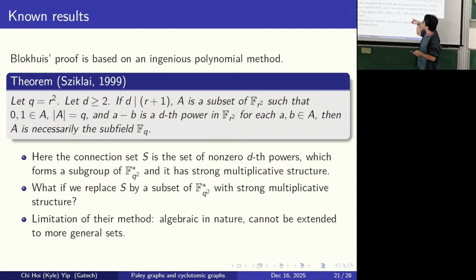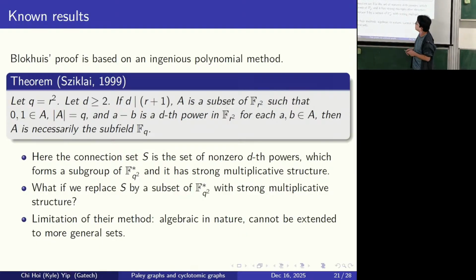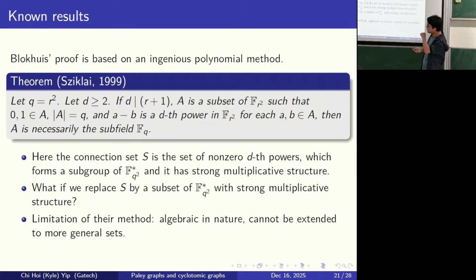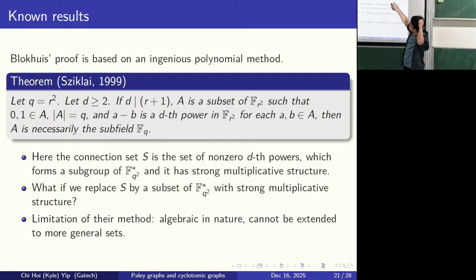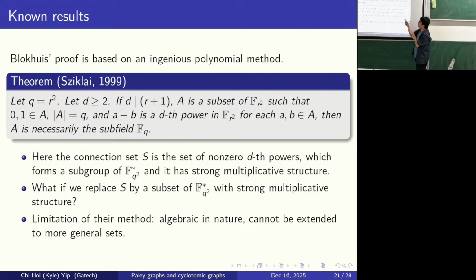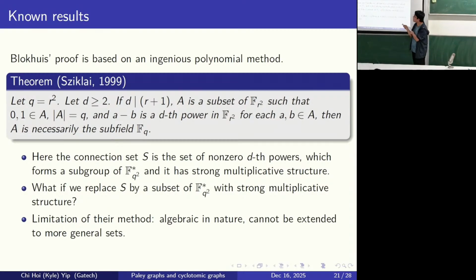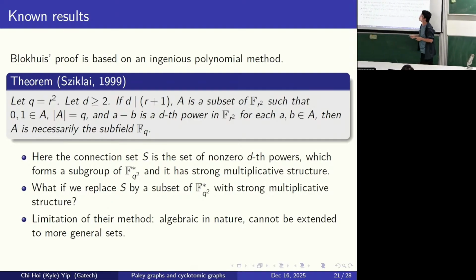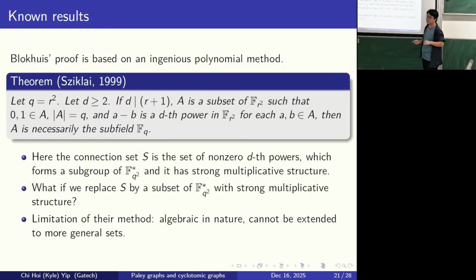So d divides q plus 1, and we consider the connection set to be all the d-th powers. Then his result says that in this graph, all the maximum cliques have to come from the subfield. This is precisely a generalization of Blokhuis's result. Blokhuis's result is just for d equal to 2. And this assumption that d divides q plus 1 actually guarantees that the subfield forms a clique.